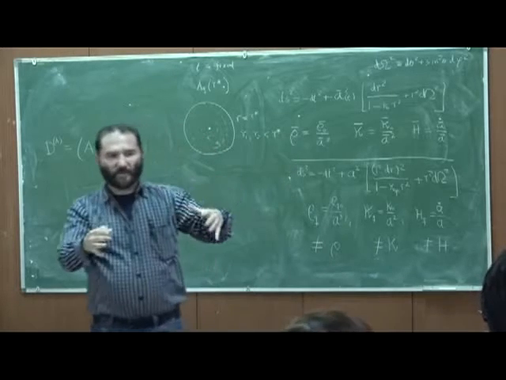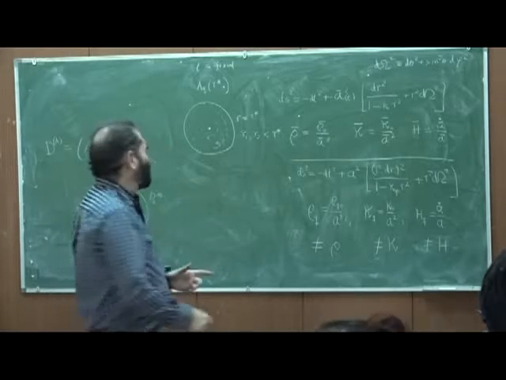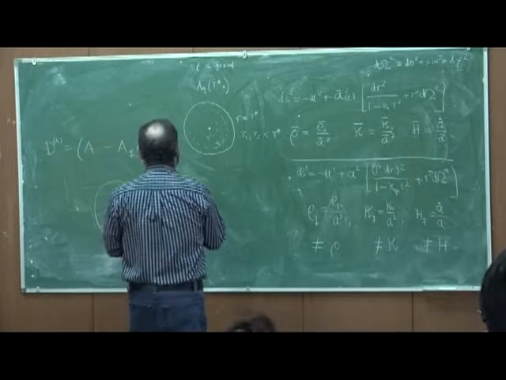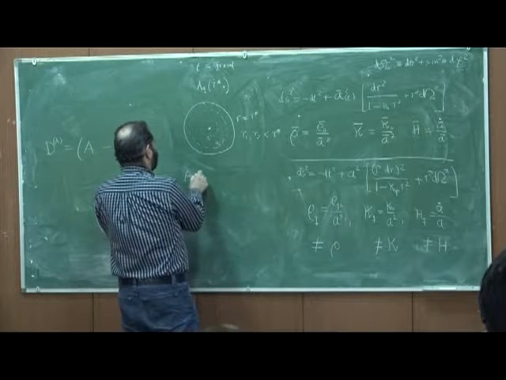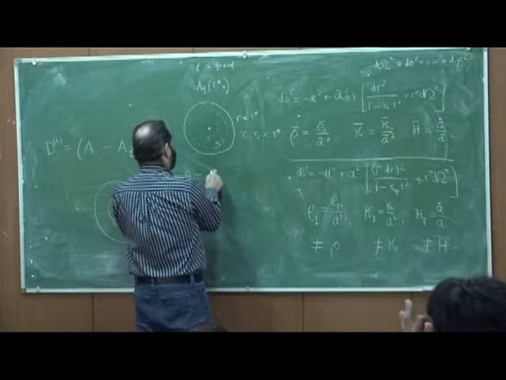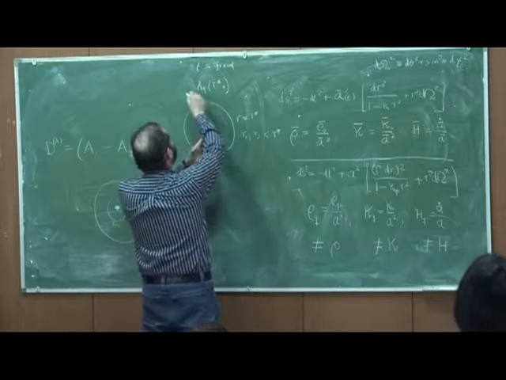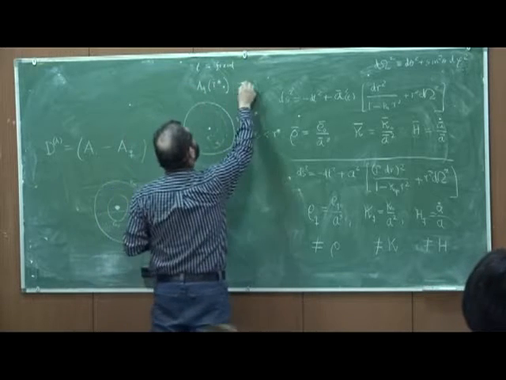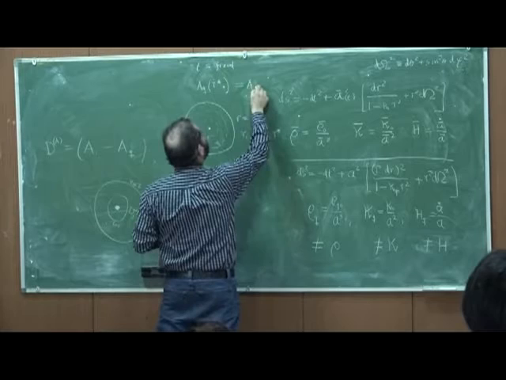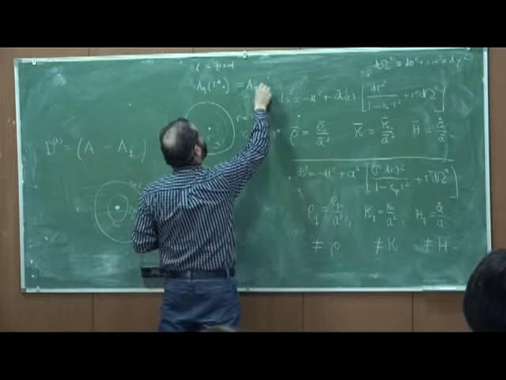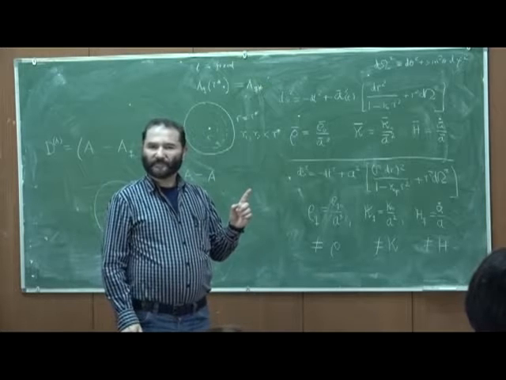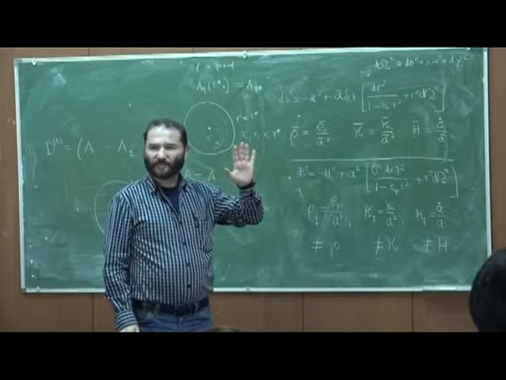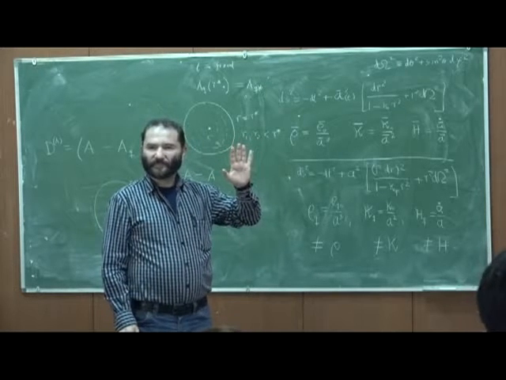We take the internal orbits, and so we make this comparison. We say A minus A, let me call this A Q star, right? Okay? Clear? Everything understood? Yes? Okay.